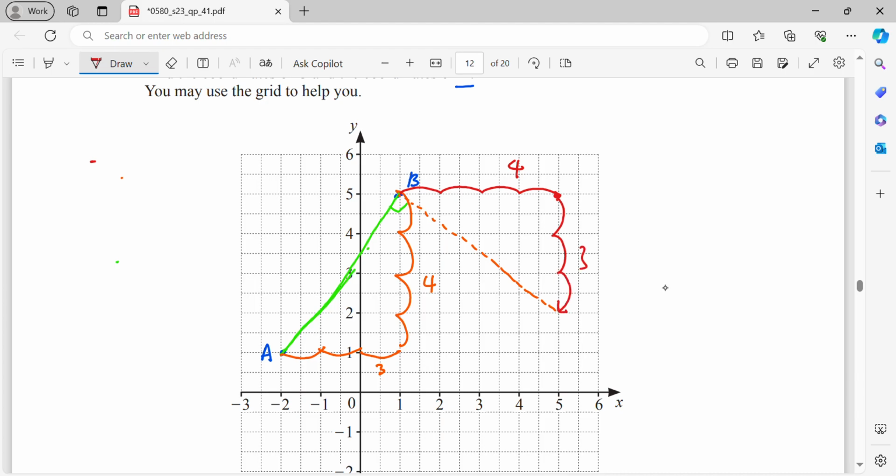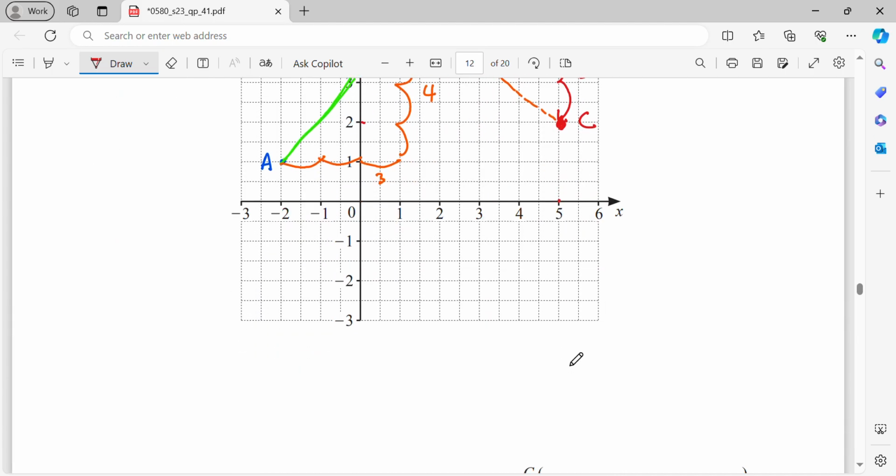Which is like the rotation. So basically, this will be your C. So that it will be 90 degrees. Here is the 90 degrees. Now I know that my C has coordinates 5 and 2. So here I will write down my C is 5, 2.